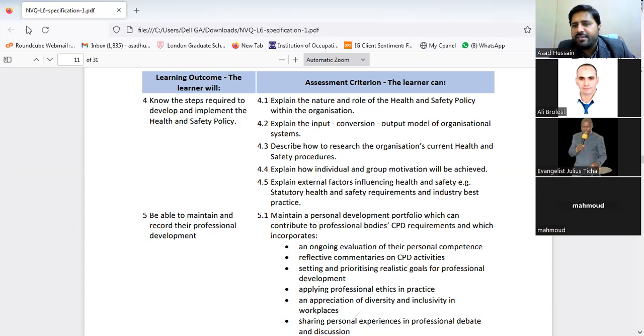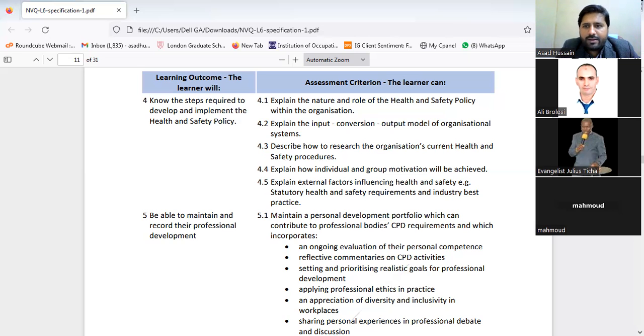Simply you can say that you will have some form or way of collecting the information as an input, and then you are using that feedback, those suggestions, and putting some model there. On each organizational level, you are getting the inputs from the people and then converting them and giving the output, a good model for the organization for the development of health and safety policy.